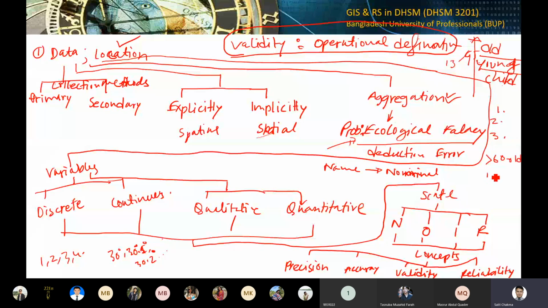Those from 13 to 59, below 60, are young. And those who are 0 to less than 13 are child.